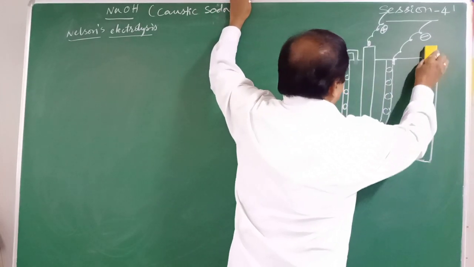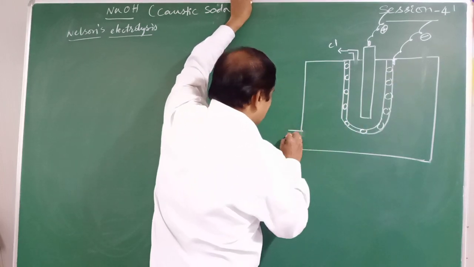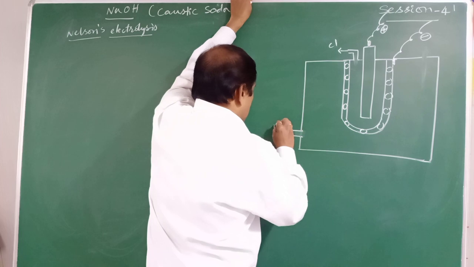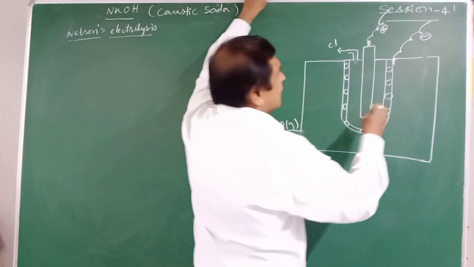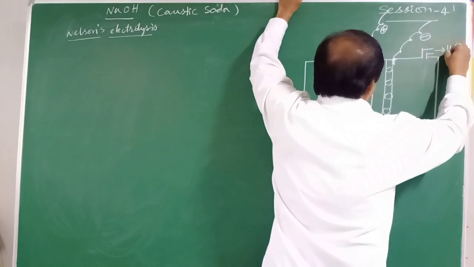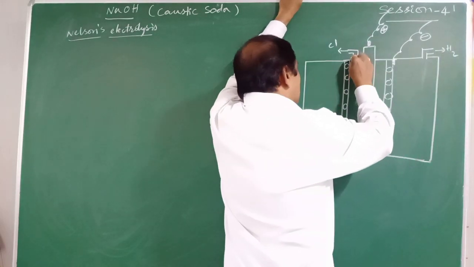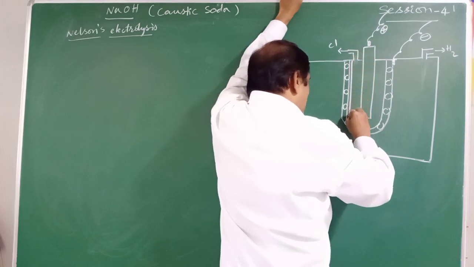So here let us put one outlet and here one inlet. This is the inlet for steam, H2O gas, and this is the outlet for hydrogen gas, H2 gas. On the inner side we have an asbestos lining.